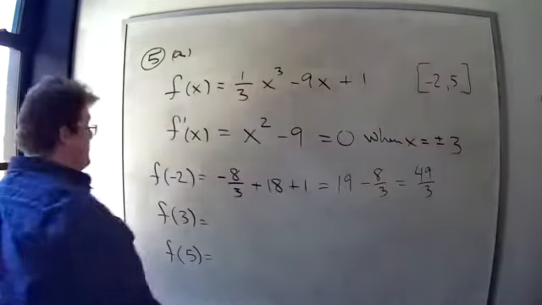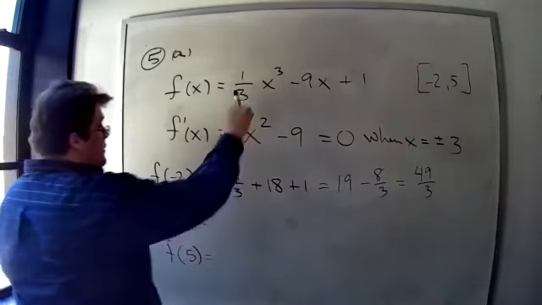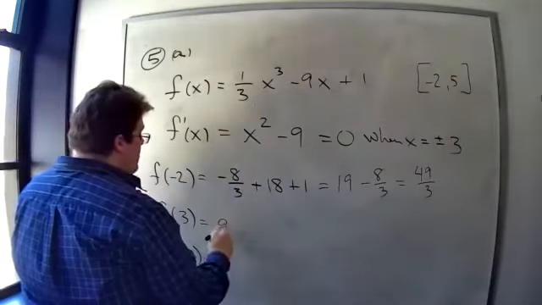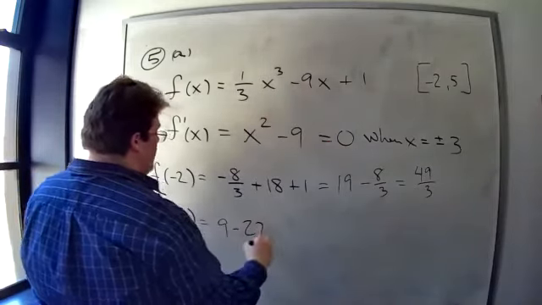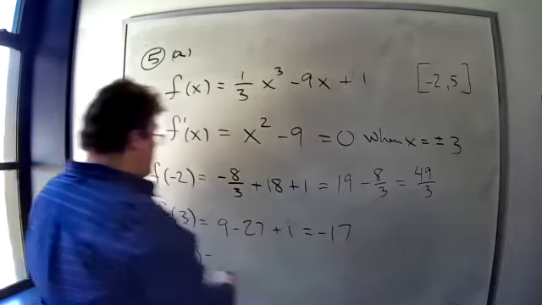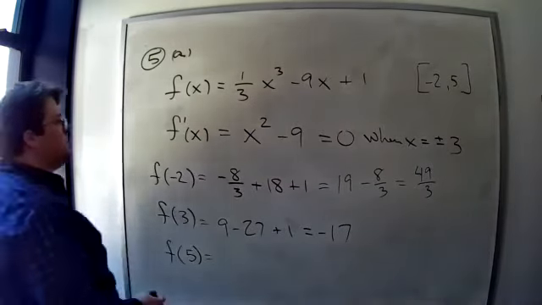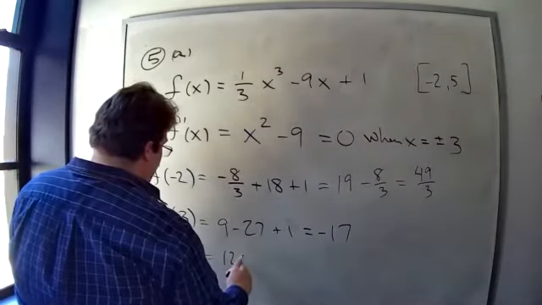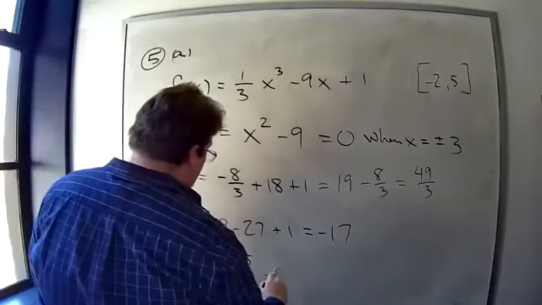At 3, well, that's convenient that 3 cancels and you don't have a fraction here. A third times 27 is 9. Minus 27, 9 times 3, plus 1. So that's -17. And at 5, what do we have? 5 cubed is 125. 9 times 5 is 45.